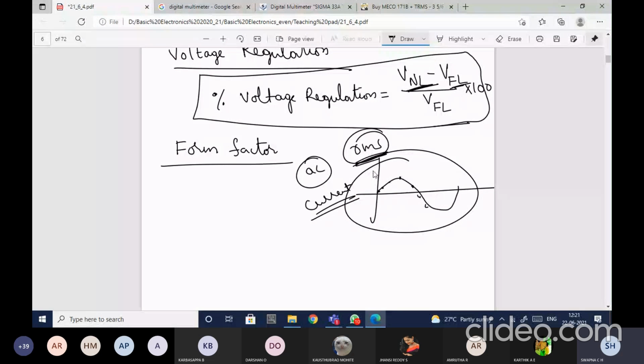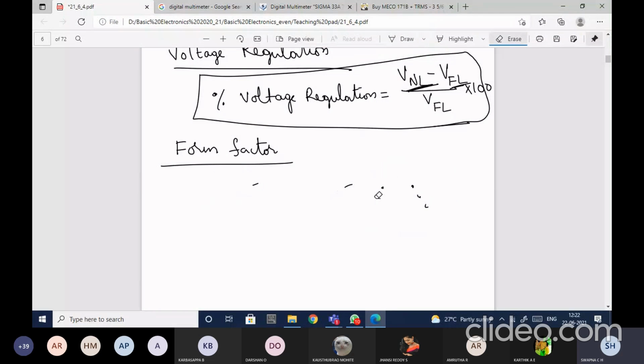So that is the reason we find the average value, the DC value, like whatever you are getting in the multimeter. That average value is multiplied by the form factor so that you get the effective value. That is where the use of the form factor is in our discussion. So let me just give you the formula to calculate the form factor.